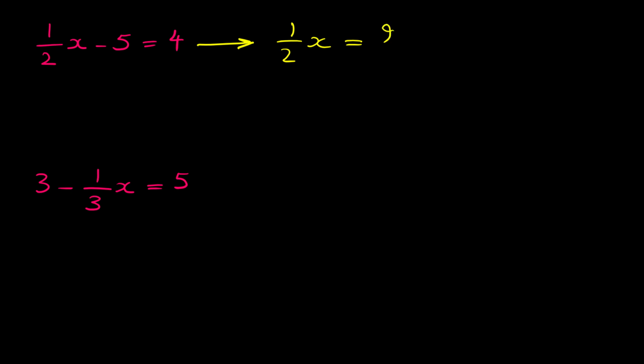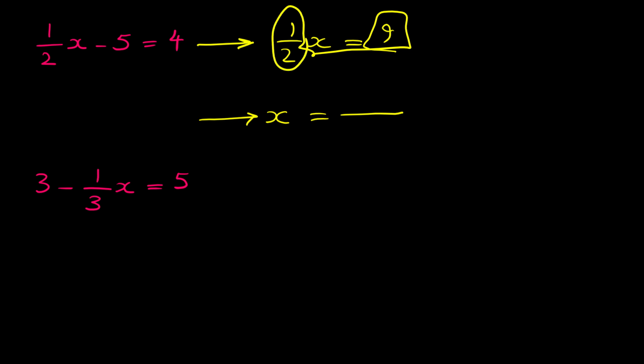Now, for finding x, remember the rule. The rule was this: x is always this over that. But before finding x, can you guess the value of x? 1/2 of what number is 9?